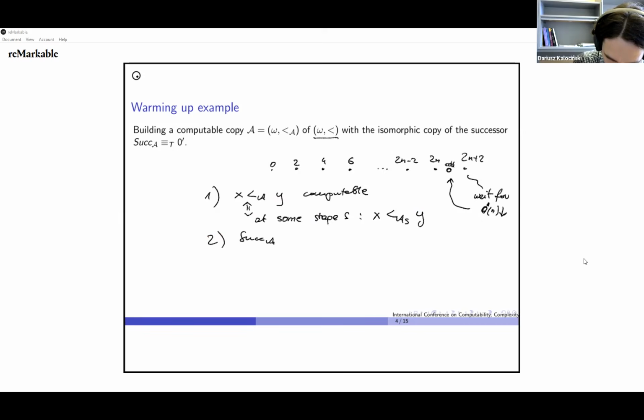And you can show that the successor, the image of the successor in this copy that we're building here, computes 0 prime.